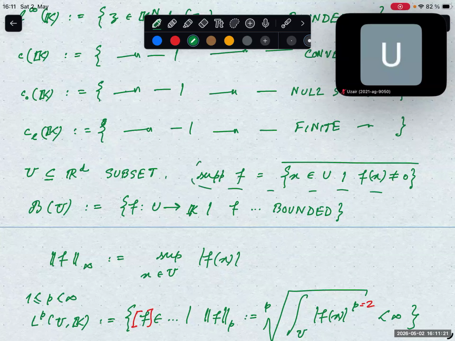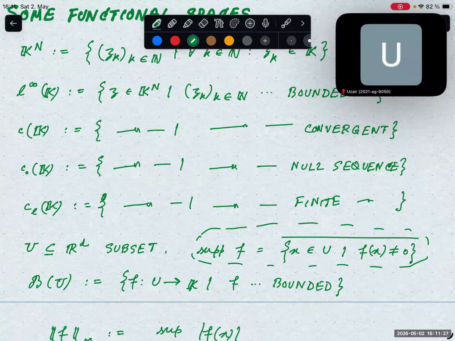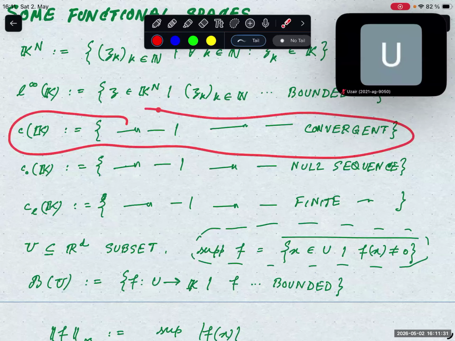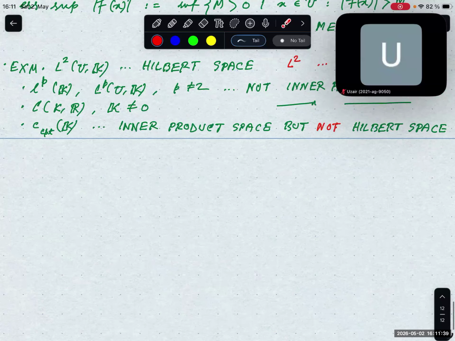Okay, this is a bit tangential. So then you take this space with the property that each sequence is compactly supported, and that gives you this space. So this is an inner product space but not a Hilbert space.